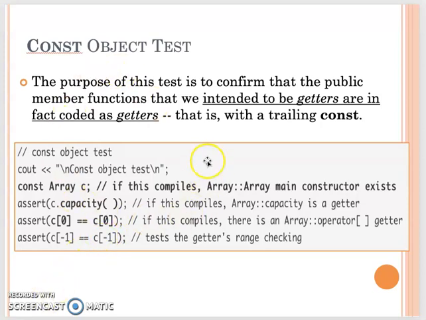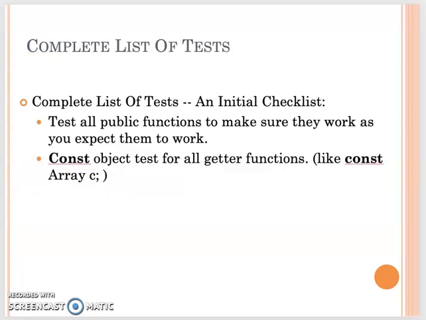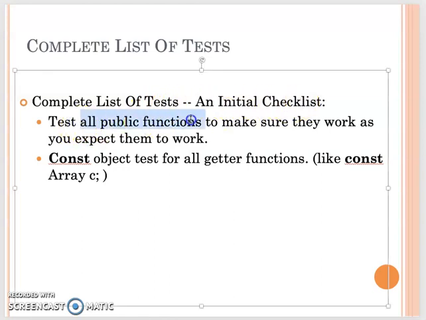So that's all the testing we need for this assignment. In assignment 2, one thing is that the complete test you need to do is to test all the public member functions. That's why you have your constructor function, capacity function, and the square bracket getter and setter functions.